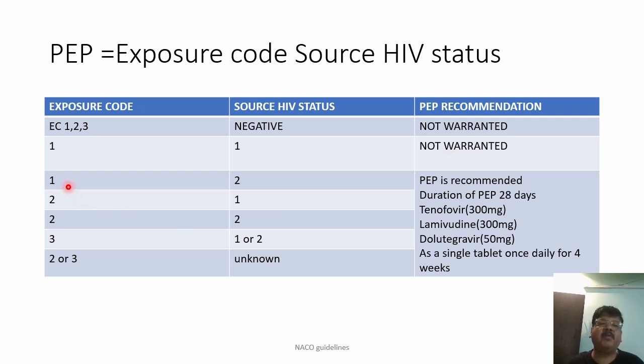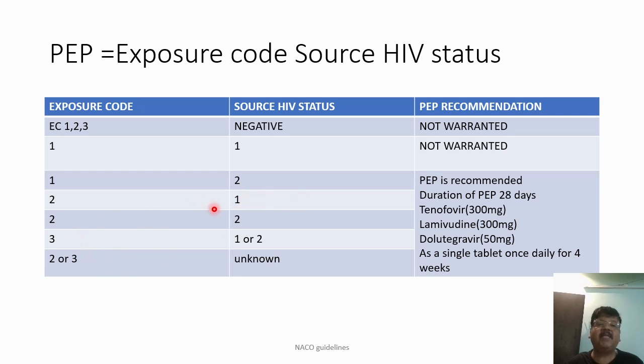In the remaining cases, if exposure code is 1, so there is a mild exposure, but HIV status is positive with a high viral load, you can see all the situations. Then 2, 2, and 2, 1 also: moderate exposure, as well as asymptomatic HIV.